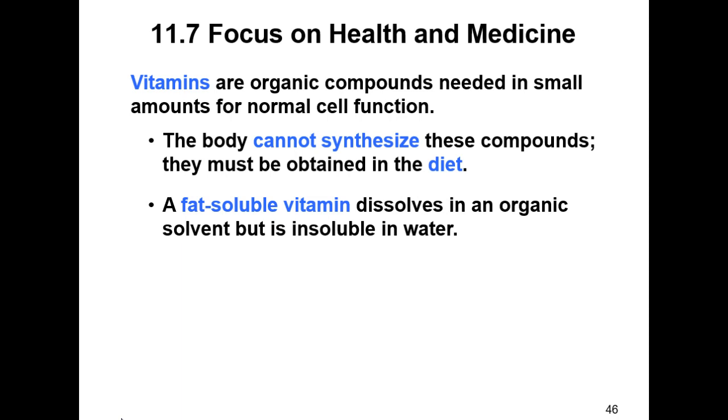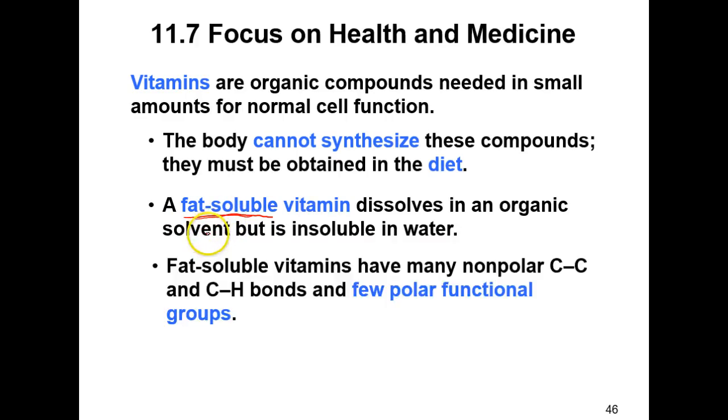Okay, so there's fat soluble vitamins. Now guys, you can look at the structure of the vitamin and you can figure out if it's going to be fat soluble or water soluble just by looking at the structure. Fat soluble vitamins dissolve in organic solvents but not in water.